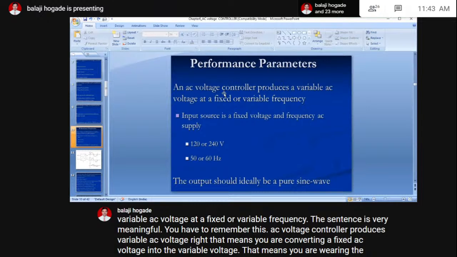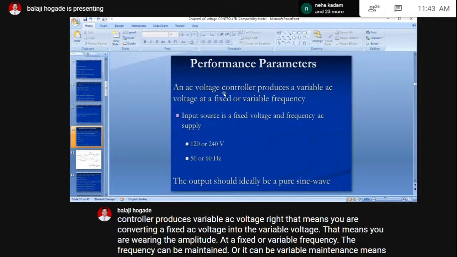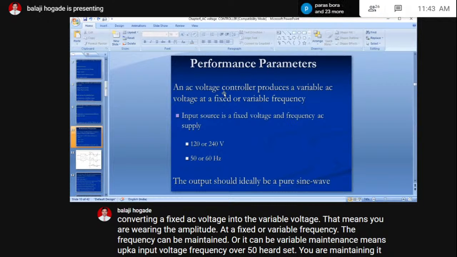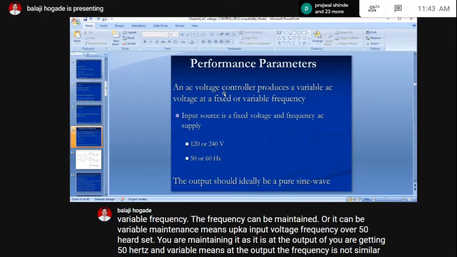The frequency can be maintained or it can be variable. Maintain means आपका input voltage frequency अगर 50 hertz है तो you are maintaining it as it is. At the output also you are getting 50 hertz. And variable means at the output the frequency is not similar to the input frequency.